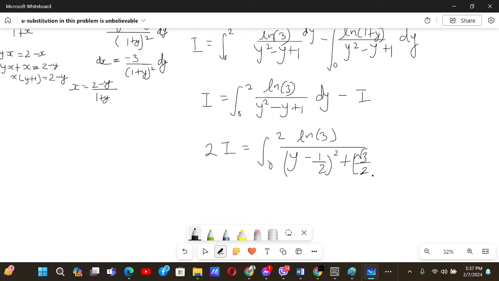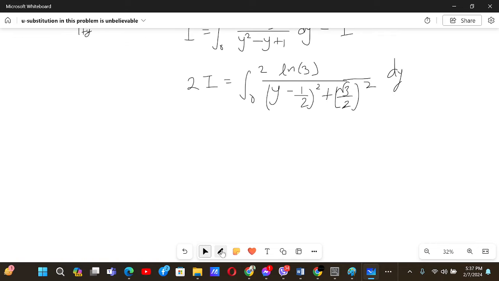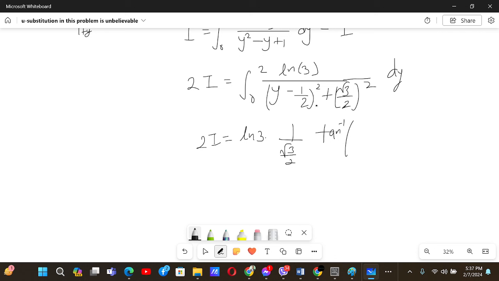So now this integral would be ln 3 times, this is just of the form a square plus x square, so that's 1 by a tan inverse of x by a. Since they have the same denominator, we can write this as 2I equals, with 1 by root 3 from 0 to 2.